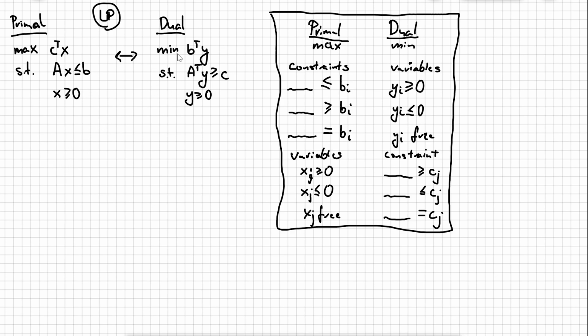Now, what's easy to actually show is that if this is a dual for the primal problem, the dual of the dual is again the primal problem. So if I have a primal problem and I create a dual, and then take this problem and create again the dual problem for it, this will result in exactly the primal problem again, right?